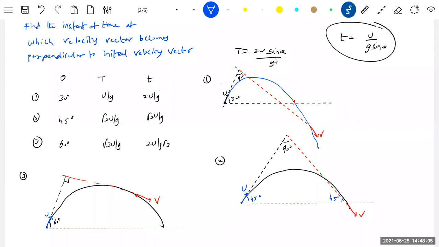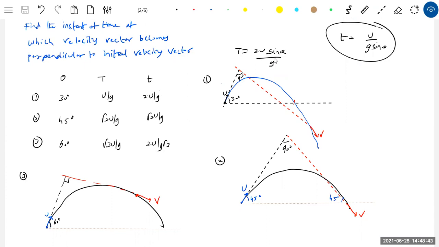Sir, here you are saying the time of flight is less than the time taken for it to become perpendicular. Then during the motion from a building, the time of flight will become greater, sir, if you throw the ball from the building. Time of flight will not become greater. The path is such that the velocity vector can become perpendicular. Hope you understand. But still, time of flight will be less than the time taken, sir. What do you mean by time of flight, first of all?